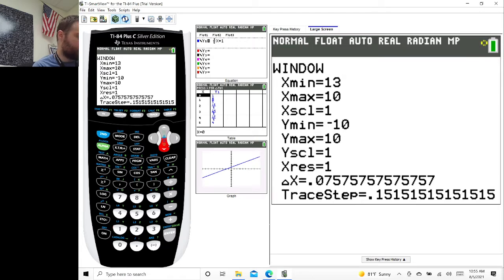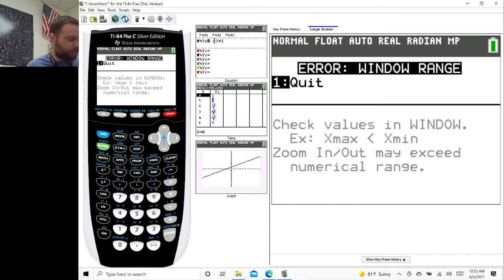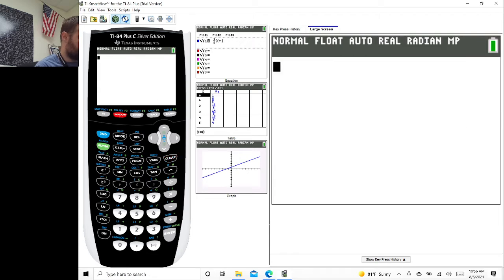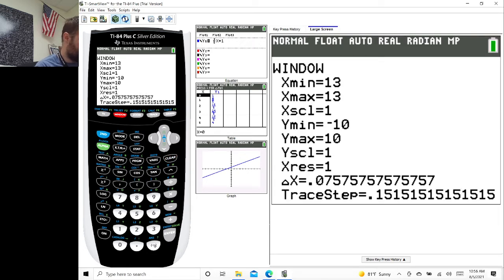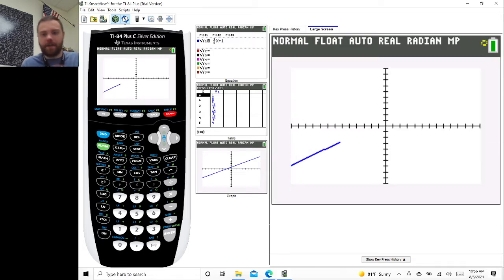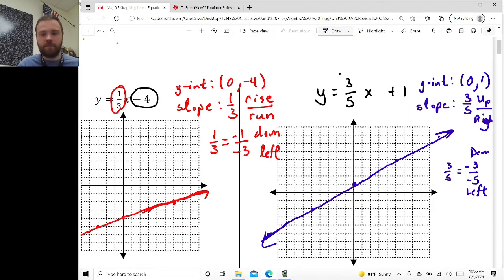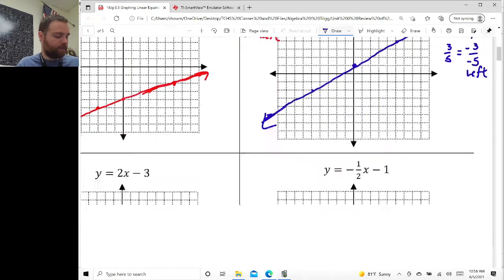So all this does is it changes the scaling, and you can do more than just this. And I did something wrong. Let's go back, quit. Window. Yeah, forgot to make that negative. Okay, that's going to be a little more accurate, right? Those are closer together, so if you look, it's going to look a lot more accurate than what it did before. So that looks a lot like our line there.